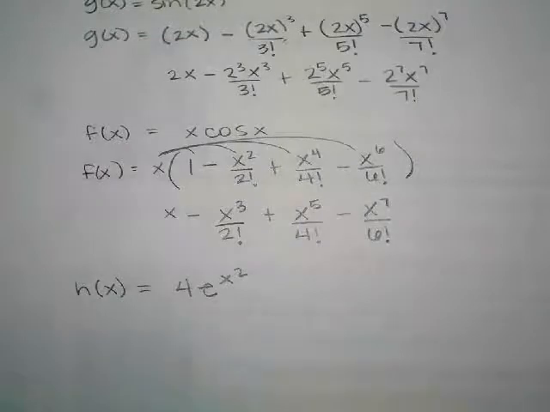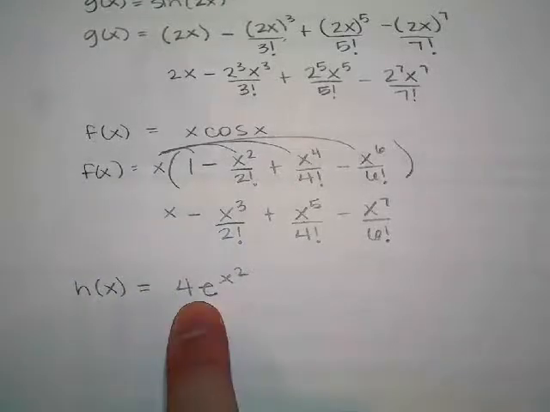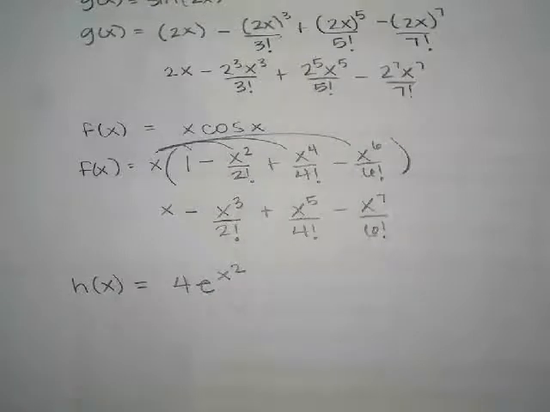Square the whole polynomial? Just the x, okay. And multiply the whole thing by 4. So we're going to take the x in the polynomial, we're going to plug in x squared, and then we're going to put a coefficient of 4 in front of the whole thing.